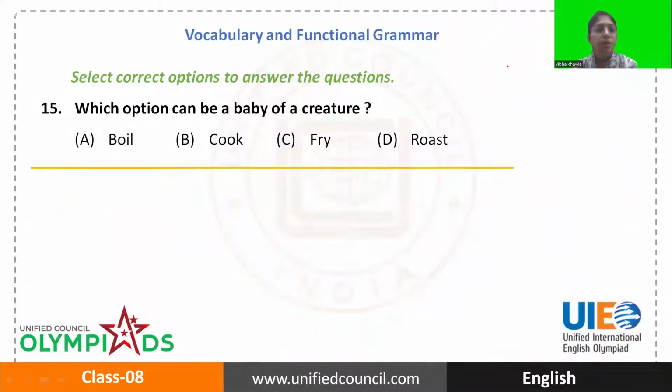Then next up is question number 15. Which option can be a baby of a creature? Boil, cook, fry, roast. See, all these are verbs, right? Cooking-related verbs we have. But one of them can be a baby of a creature also, and that is fry.